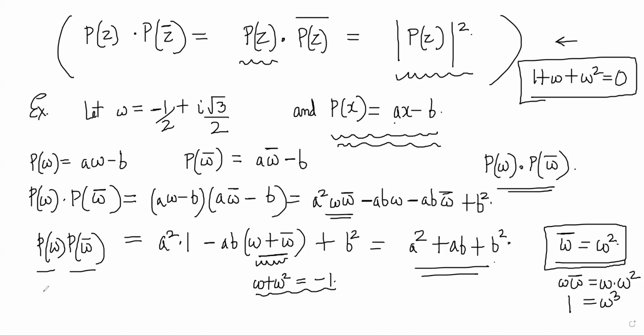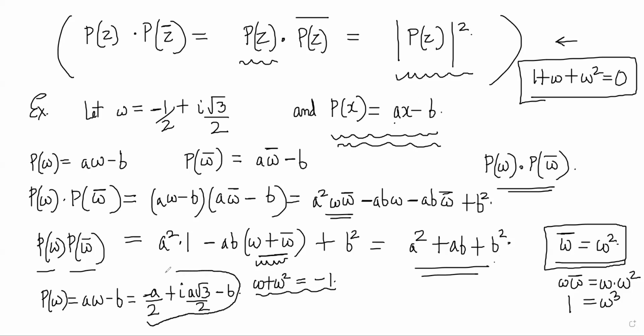Because what was p(w)? p(w) was aw minus b, which would be minus a by 2 plus i a root 3 by 2 minus b. If I try to take the mod of this and square the mod, let's calculate it on the side. We'll see what comes.